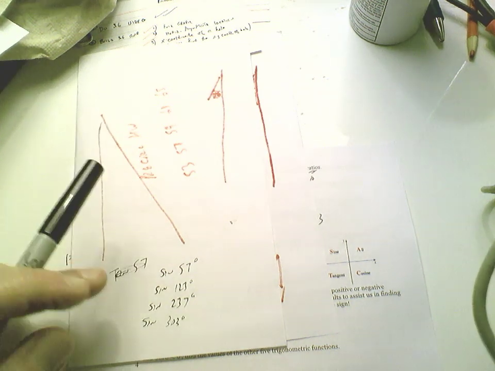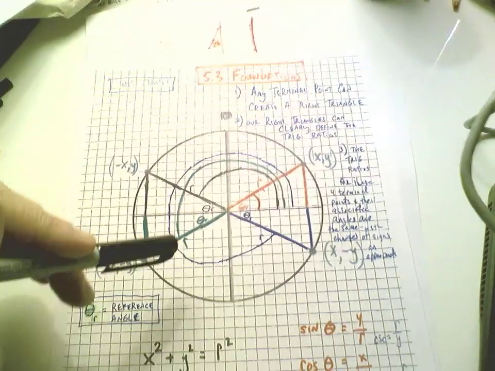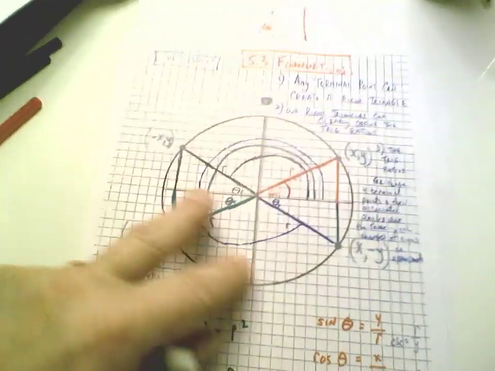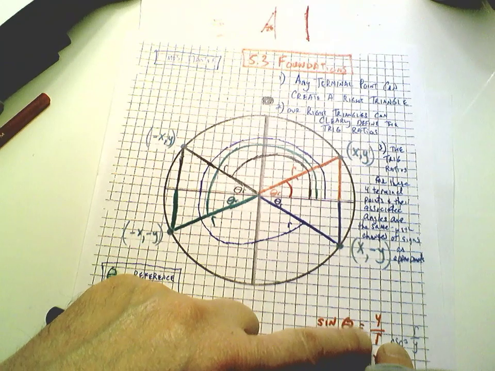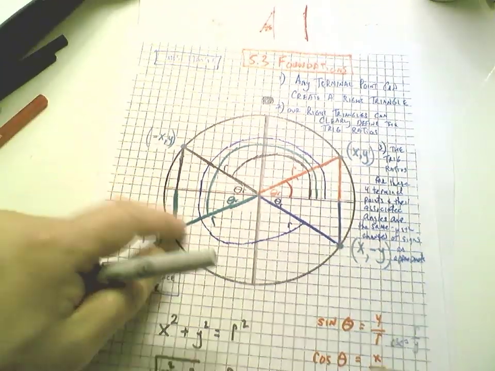Those two angles are located in quadrants 3 and 4, where the y coordinate happens to be negative. The sine is y over r. So when y happens to be negative, you're going to get a negative number for your sine. Quadrants 3, 4.